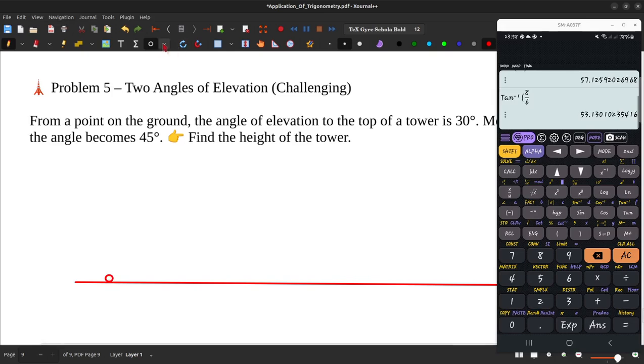And then to the top of a tower, here is our tower. From a point on the ground to the top of the tower, the angle of elevation, the angle of looking up, is equal to 30 degrees.